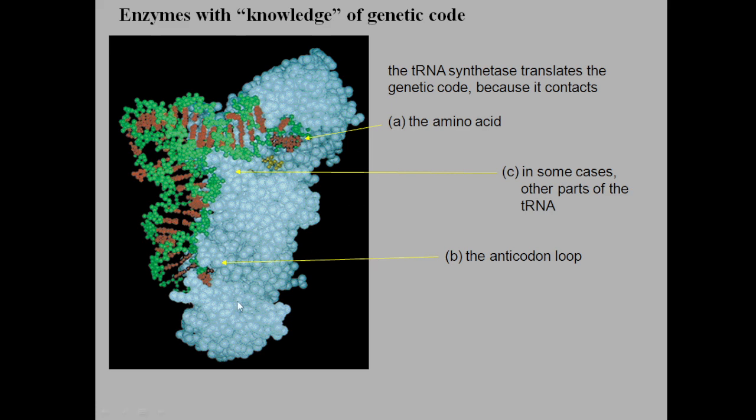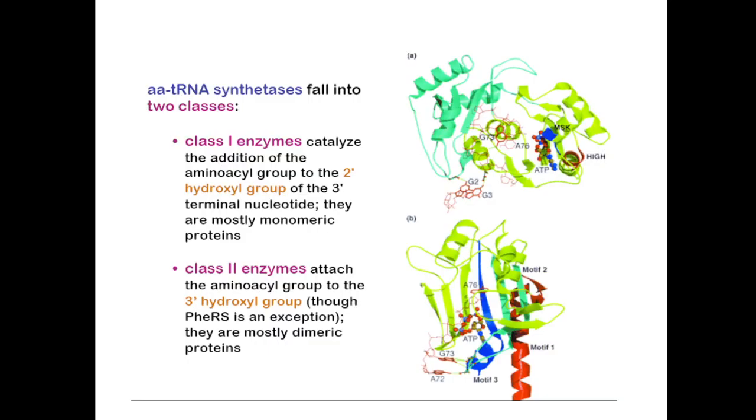You see, on one side of the tRNA is localized the anticodon loop, and on the other side will be the correct amino acid with the correct tRNA. These enzymes work very effectively, and we have two groups of them, two classes of aminoacyl tRNA synthetases.